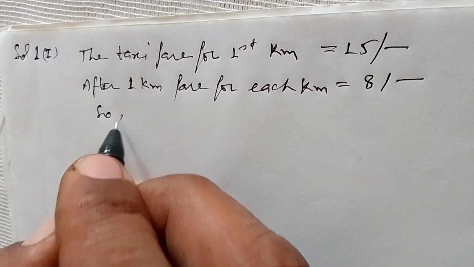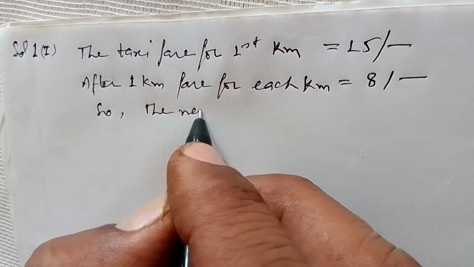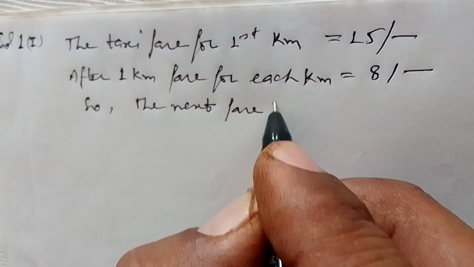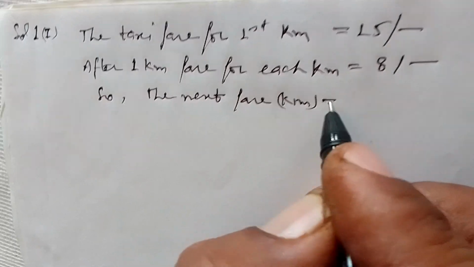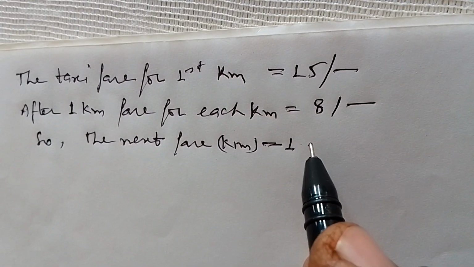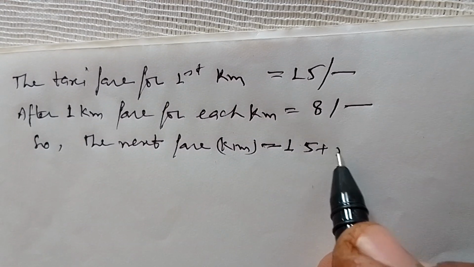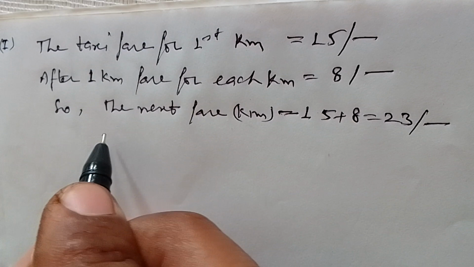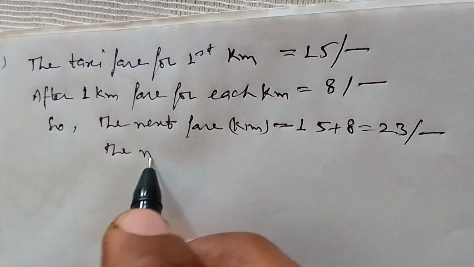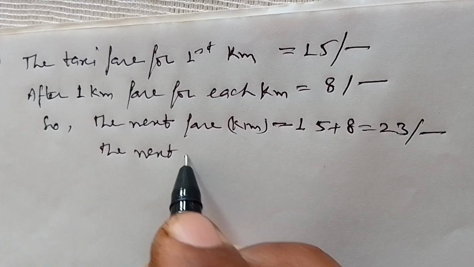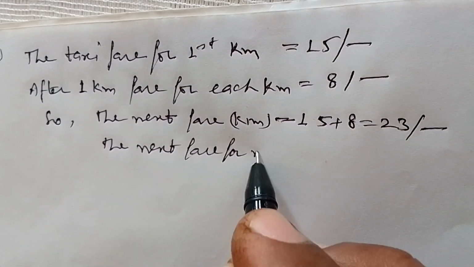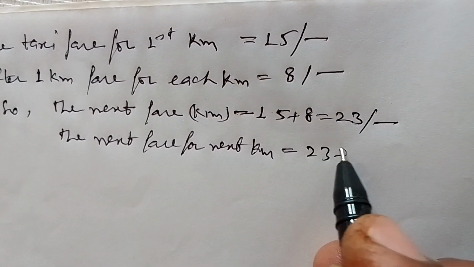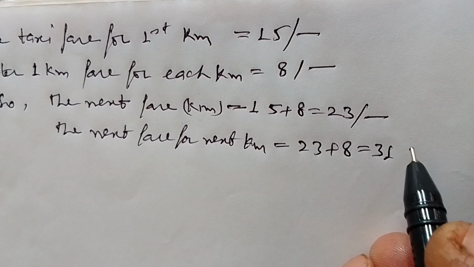So the next fare becomes 15 plus 8, 23 rupees. And the next fare becomes 23 plus 8, which is equal to 31 rupees.